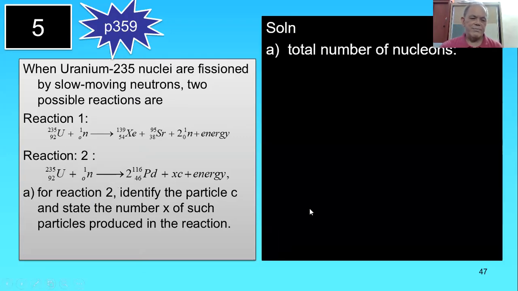Okay, we start by looking at the number of nucleons. Total number of nucleons initially is 235 plus 1. Finally it is 139 plus 95, and there are 2 of them here.